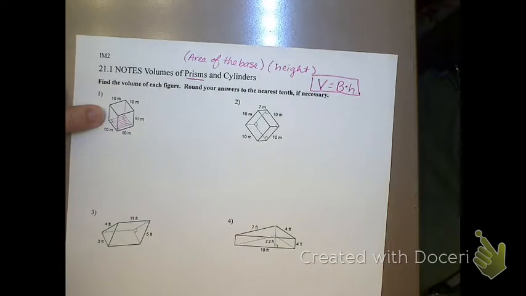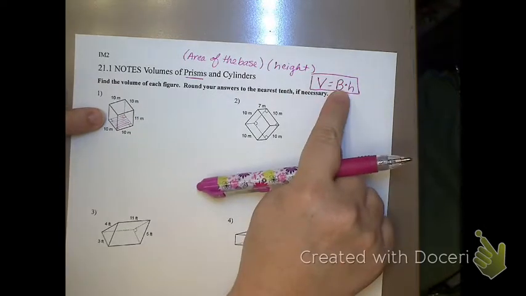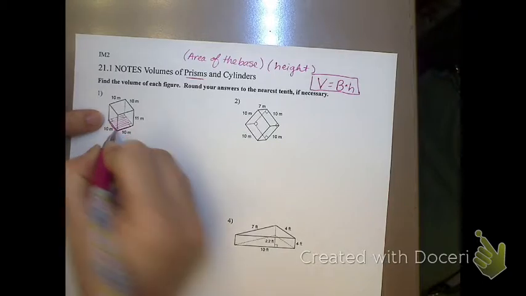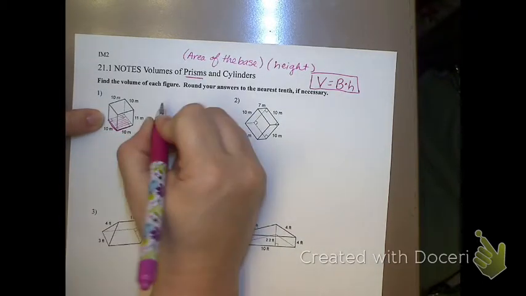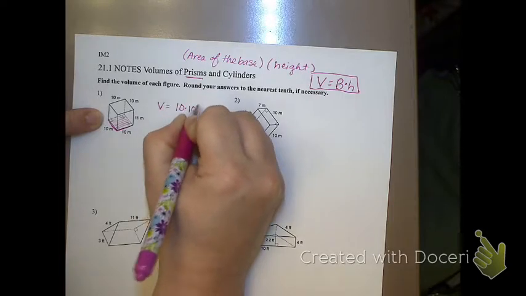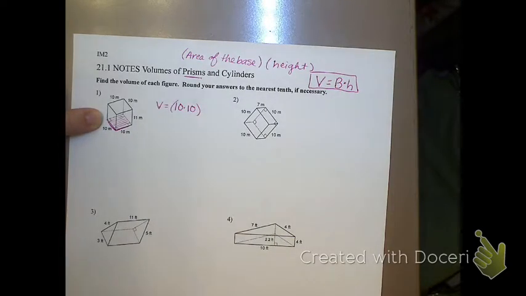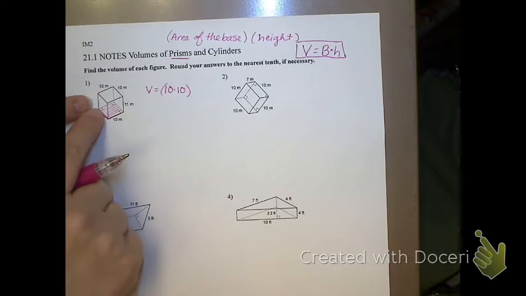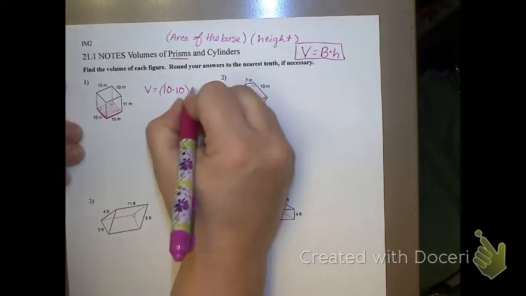So if my base is a square, to find the area of the base, I multiply side times side. So if my sides are 10, the volume will equal 10 times 10. That's the base area, right? A square that's 10 and 10. I would find the area of that base by doing 10 times 10. And then the height, what's the height?